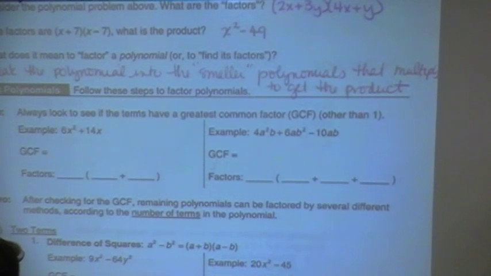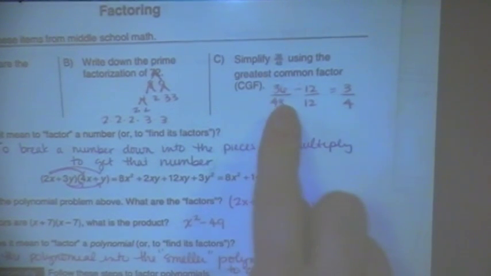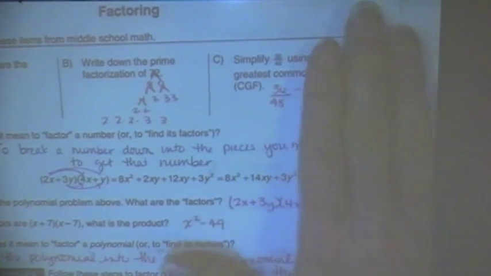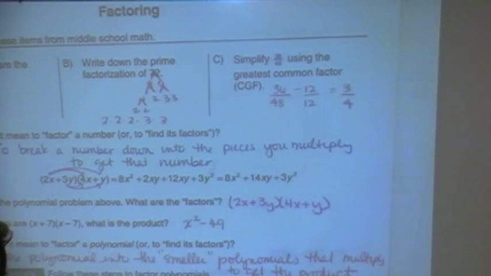So no matter what, you have to look at it first and ask yourself, is there a greatest common factor? Just like we did with 36 and 48, we figured out what number is a factor of both of those. That's what finding a greatest common factor is.